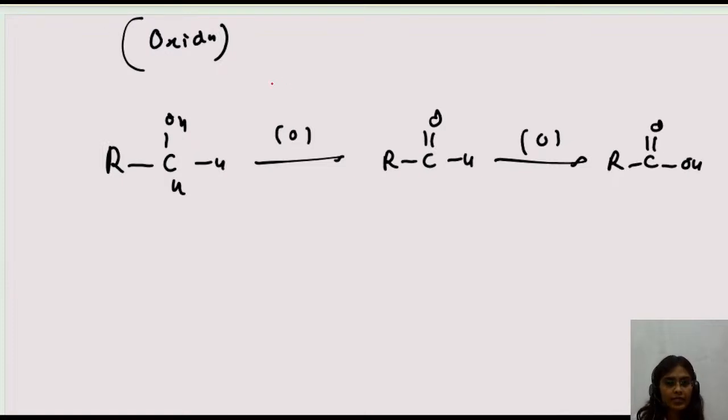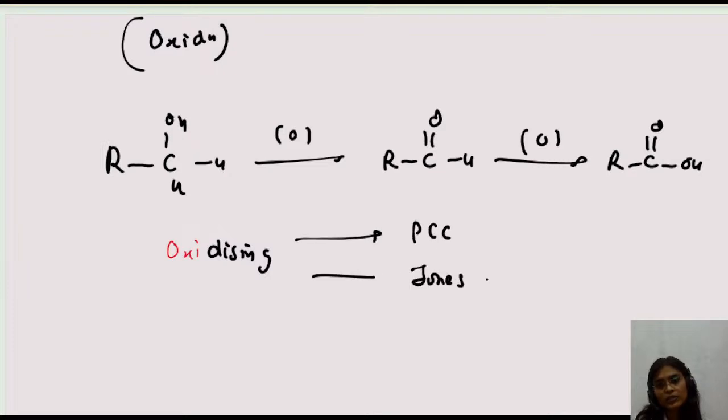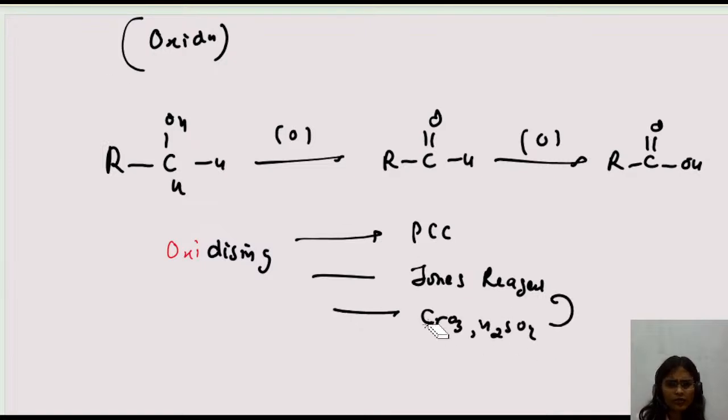So what are the oxidizing agents? Again, make a kind of list or chart of every oxidizing agent. PCC, Jones reagent, or chromium oxide with H2SO4, same thing, actually this is Jones. Let me remove this. Or dry chromium oxide.